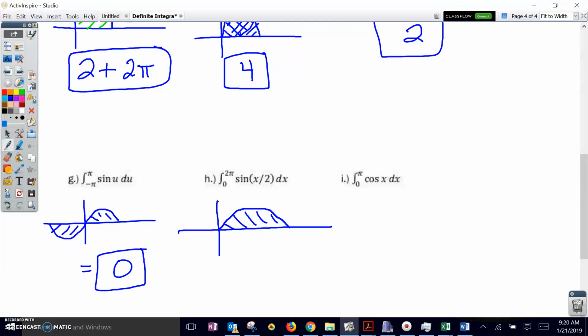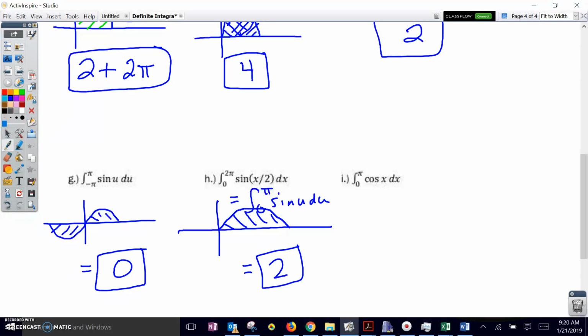Again, like I did in part F, I could rewrite this as the integral from 0 to pi of sine of u du, if I just make the replacement that u is equal to x over 2, and so that's going to have a value of 2.